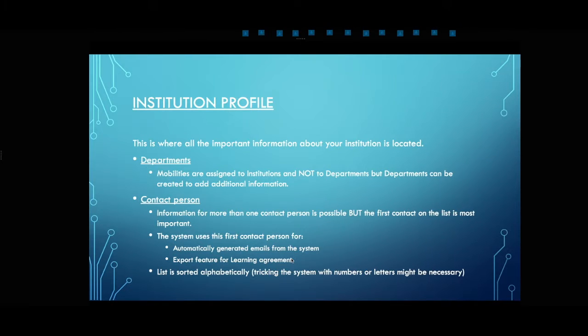Secondly, you'll need to set up the contact person. This is basically a requirement for internal institutions, but it's really important that going forward we encourage our external partners to put in their contact information as well.